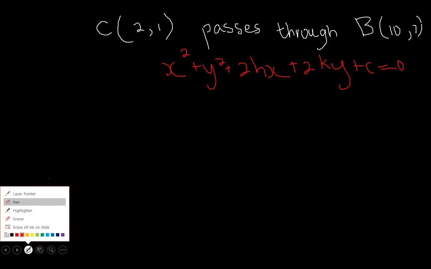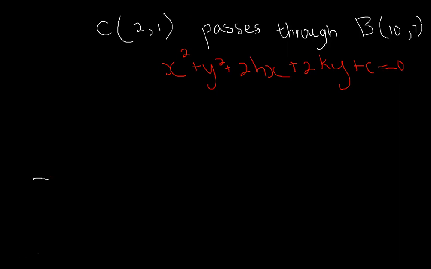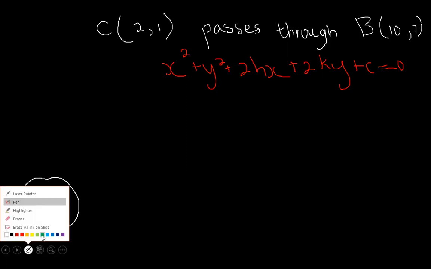All right. The second thing you want to do is draw your little sketch. It doesn't hurt to draw a sketch. So you have your center and you have the points. Let me write it in green.